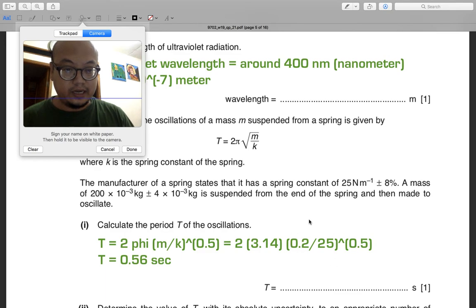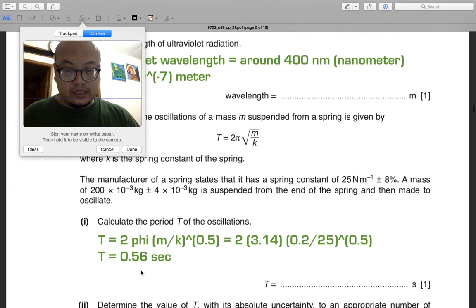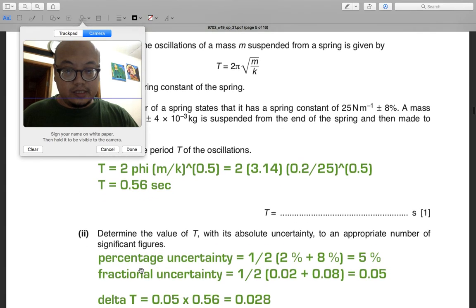After we calculate, we get a period of 0.56 seconds. I think this is the correct answer.